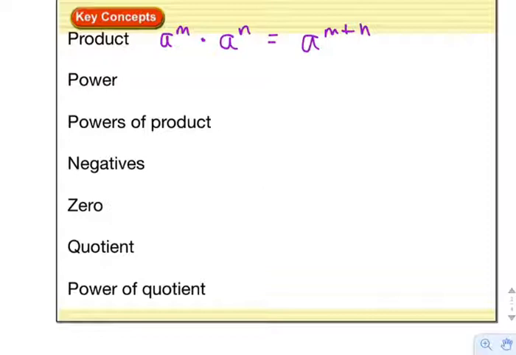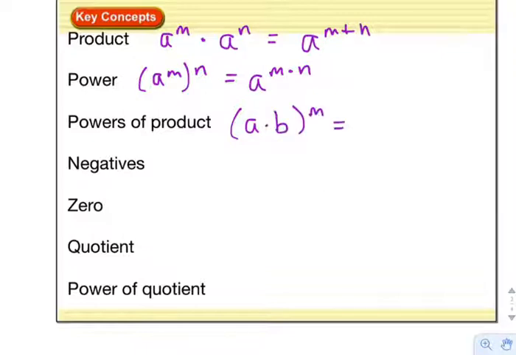The power rule shows us that a number raised to a power and then raised to a second power is equal to that number with the power of the first times the second. Powers of product. If I have a product of two numbers, a times b, and it's raised to a power, I know that each a and b are raised to that power.